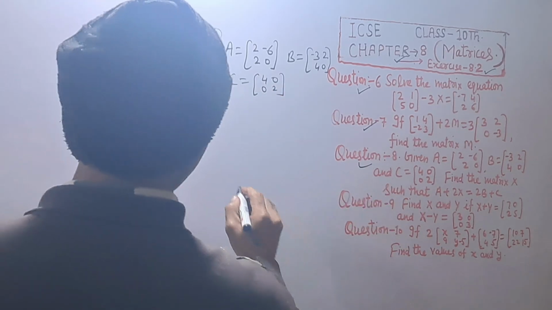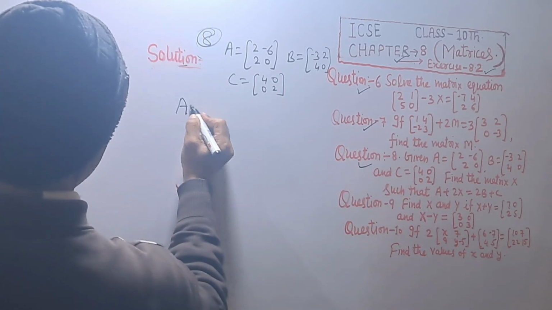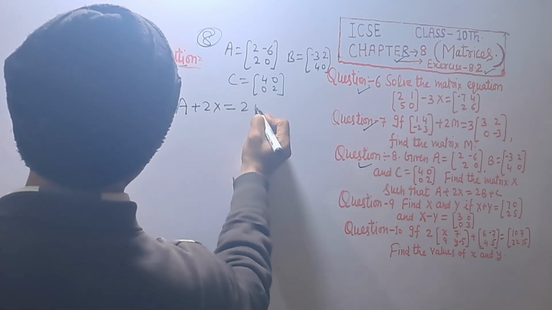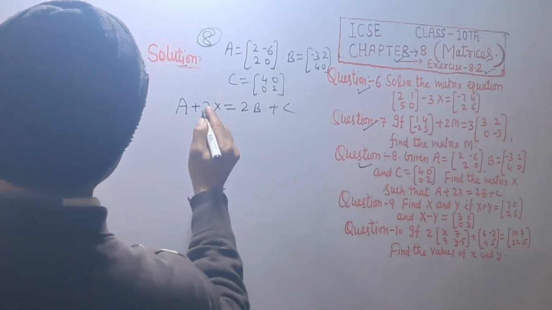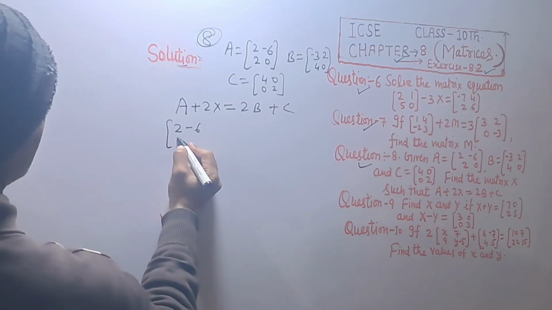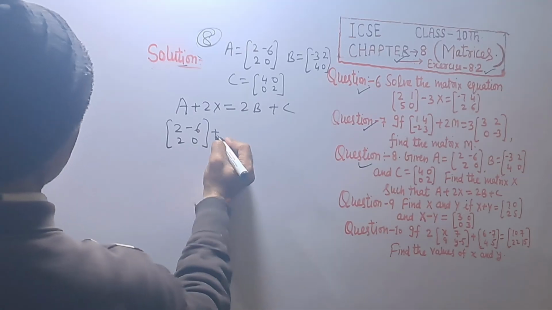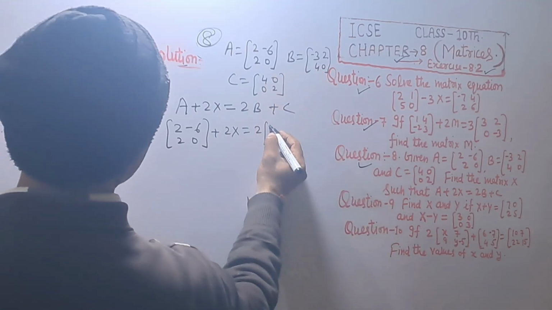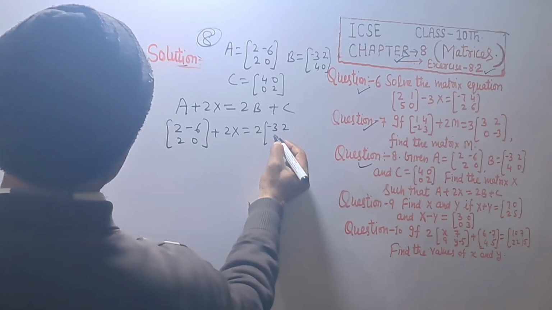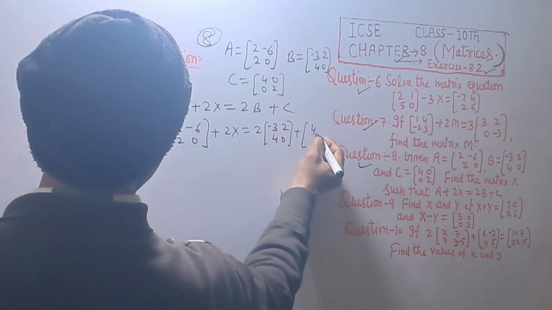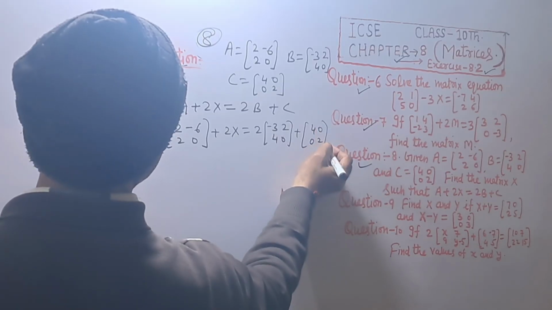Then find the value of x if A plus 2x equal to 2B plus C. A is given [2, -6; 2, 0] plus 2x equal to 2 times B, which is given [-3, 2; 4, 0], and plus C, which is [4, 0; 0, 2].